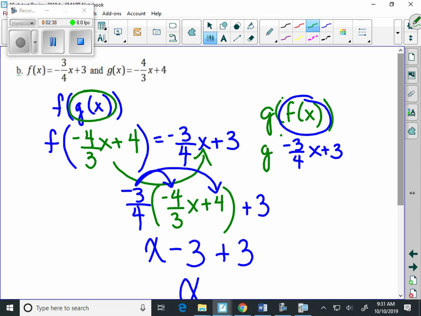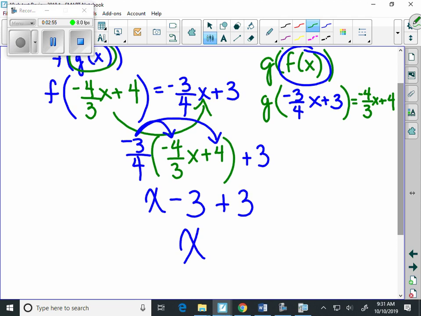We're going to take that value and put it back into the g function wherever we have an x. And in this case, what it's going to be then is negative 4/3 x plus 4. So our blue value is going to replace that green x. And we're never going to write that green x again.